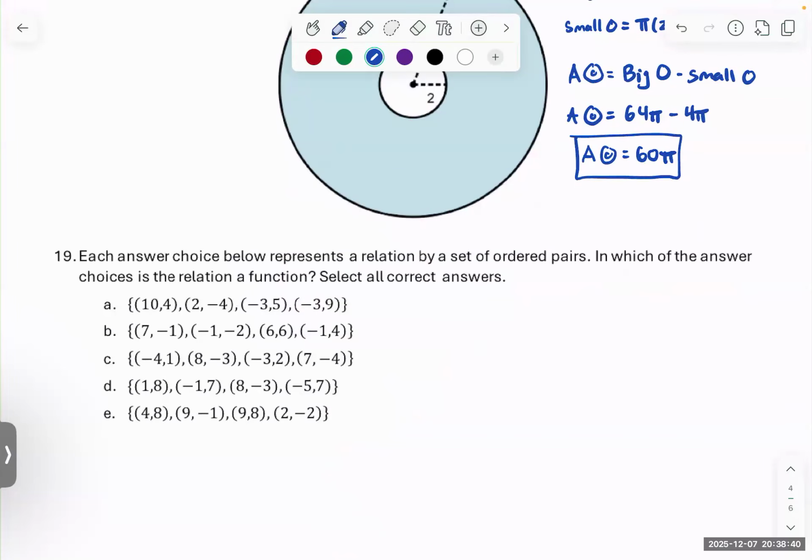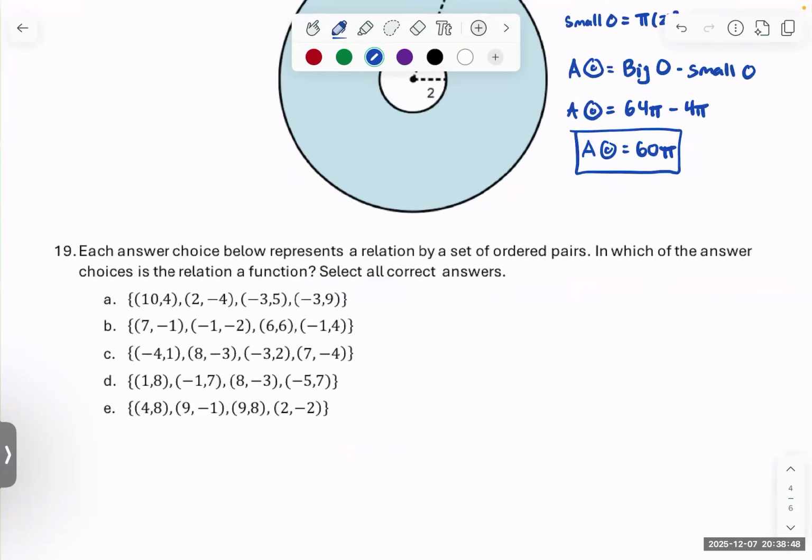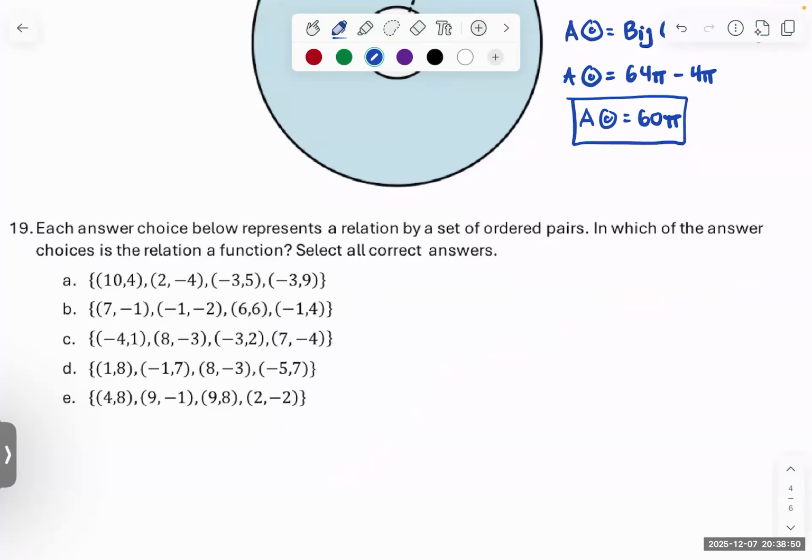Each answer choice below represents a relation by a set of ordered pairs. In which of the choices is the relation a function? So we're looking for ones that are a function.